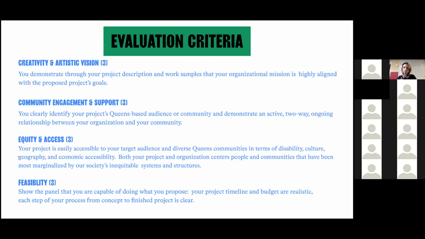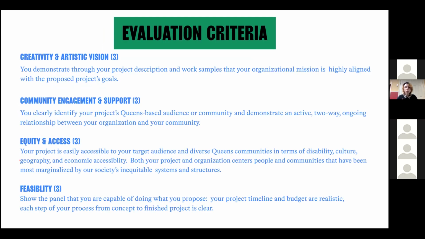So how are applications scored? Panelists are sent evaluation criteria and score applications based on the information you provide in your application. Going through this criteria before we start the walkthrough, there are 4 points: creativity and artistic vision, community engagement and support, equity and access, and feasibility.